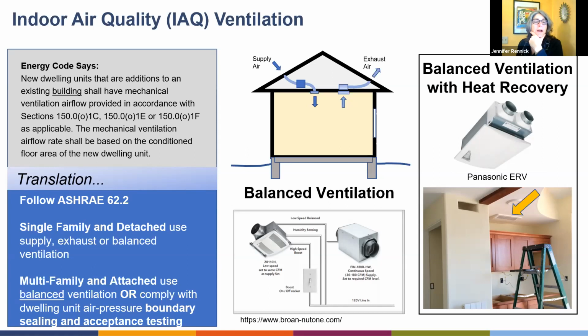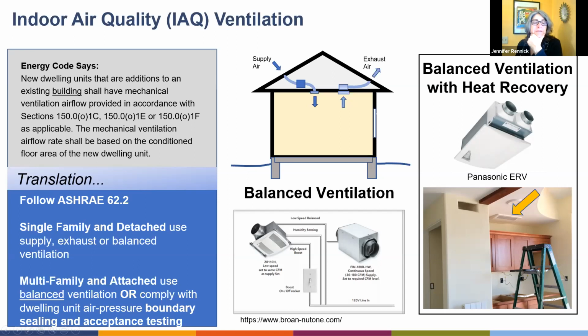You do have to follow ASHRAE 62.2, and the basic translation is that single family and detached new construction, they can use either an exhaust only system, a supply only system, or balanced ventilation system. But once you're into the multifamily and attached, you need to use a balanced ventilation system.